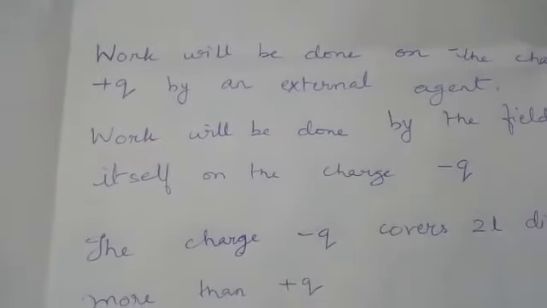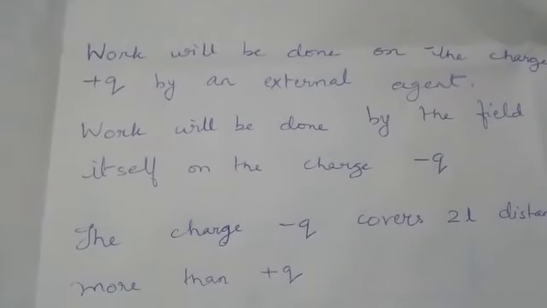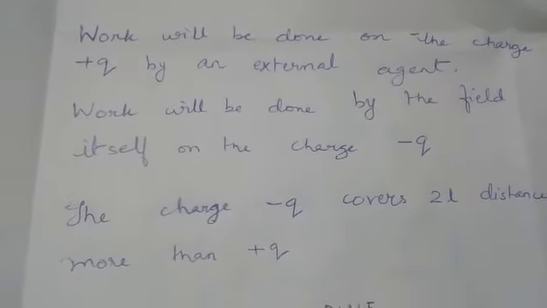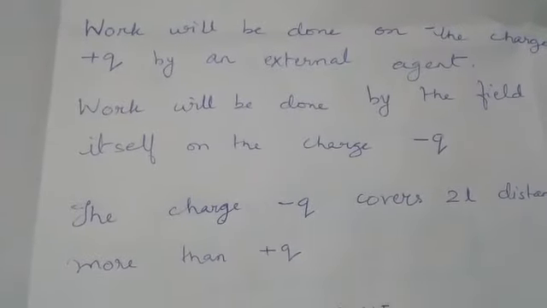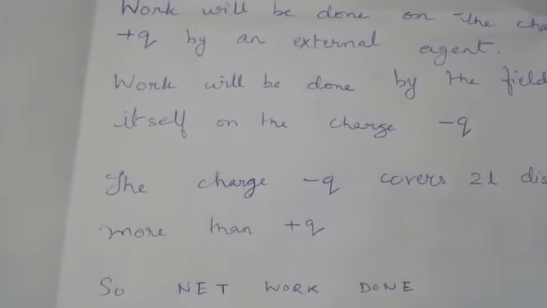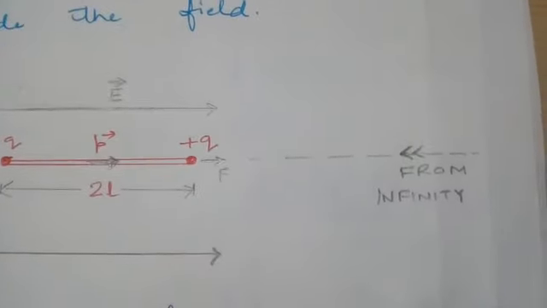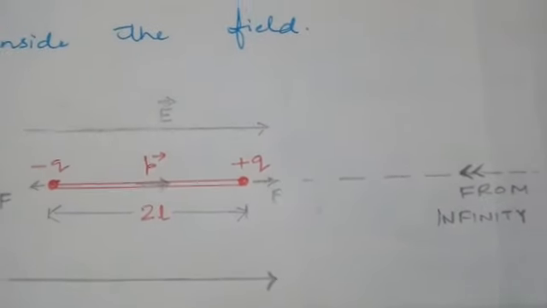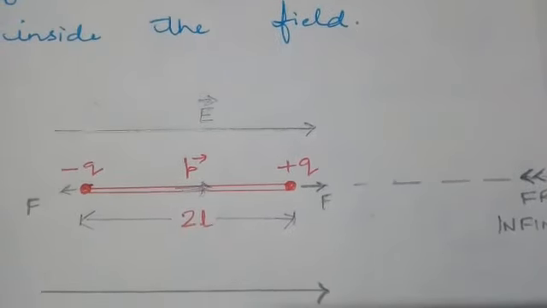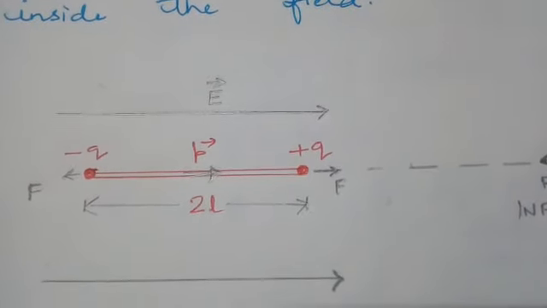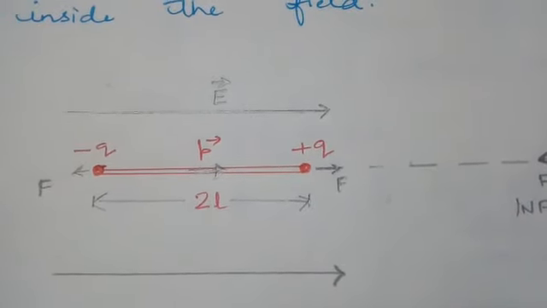Work will be done on plus Q by an external agent. Work will be done by the field itself on the charge minus Q. But as you can see, the length of the dipole is twice L. So if it was being brought from this direction, to reach the point where minus Q is there, an additional distance of 2L has to be traversed.